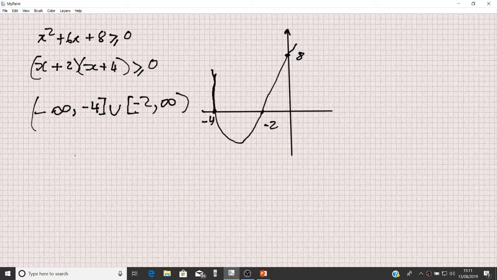So we could just say, without using set notation, x is less than or equal to -4 or x is greater than or equal to -2.